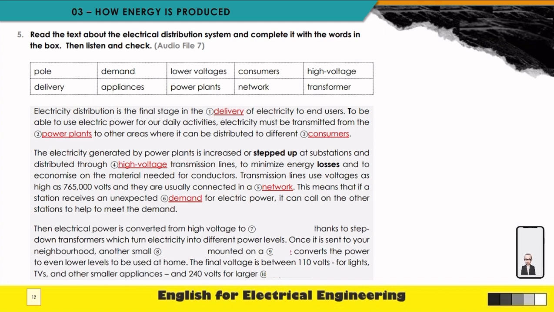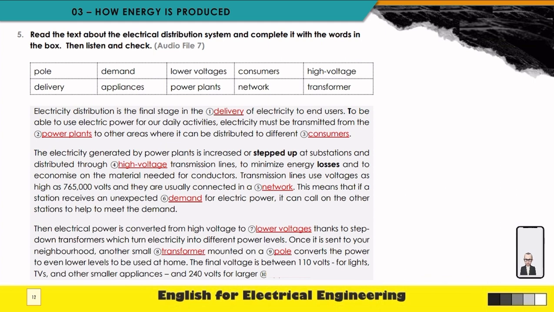The electrical power is converted from high voltage to lower voltages thanks to the step-down transformers, which turn electricity into different power levels. Once it is sent to your neighborhood, another small transformer mounted on a pole converts the power to even lower levels to be used at home.